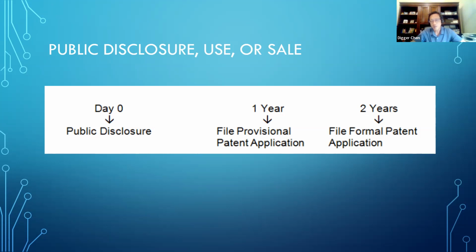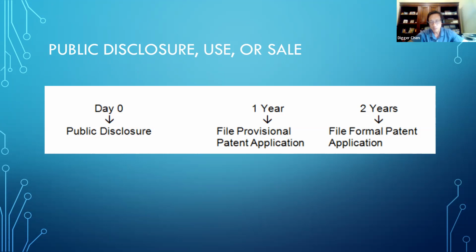So that's why we have what is called a provisional application. Provisional application means it's not a formal application. A provisional application doesn't need to be full blown, written up with all the details like what we have read in the example of the patent I showed you.